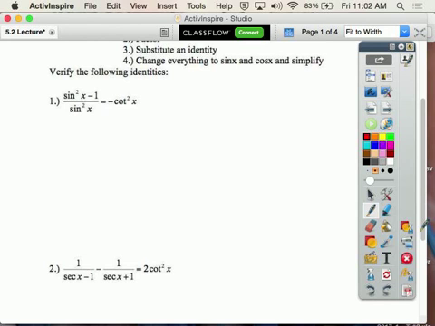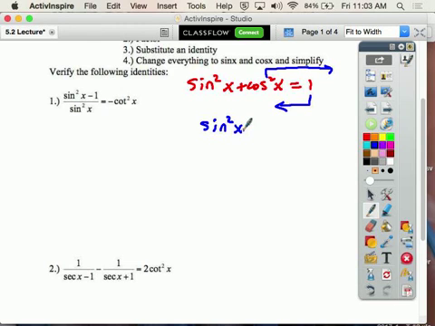If I take sine squared x plus cosine squared x equals 1, and move the cosine squared to the right-hand side and the 1 to the left-hand side, I end up with sine squared x minus 1 equals negative cosine squared x.